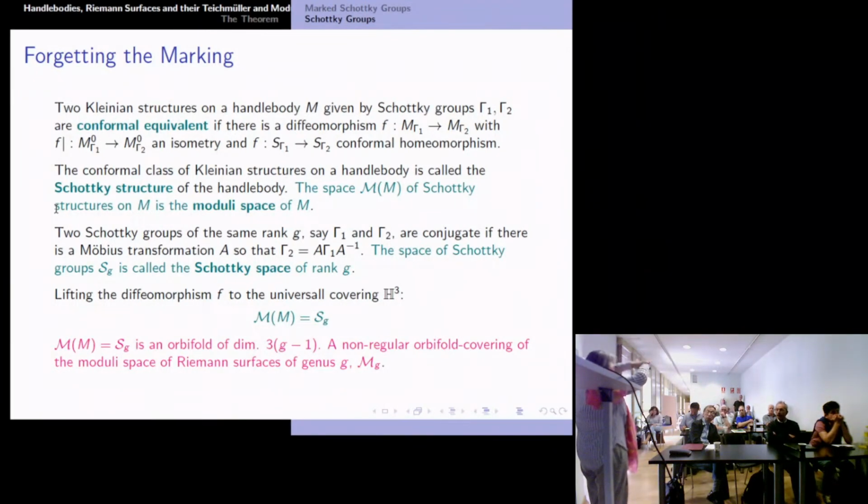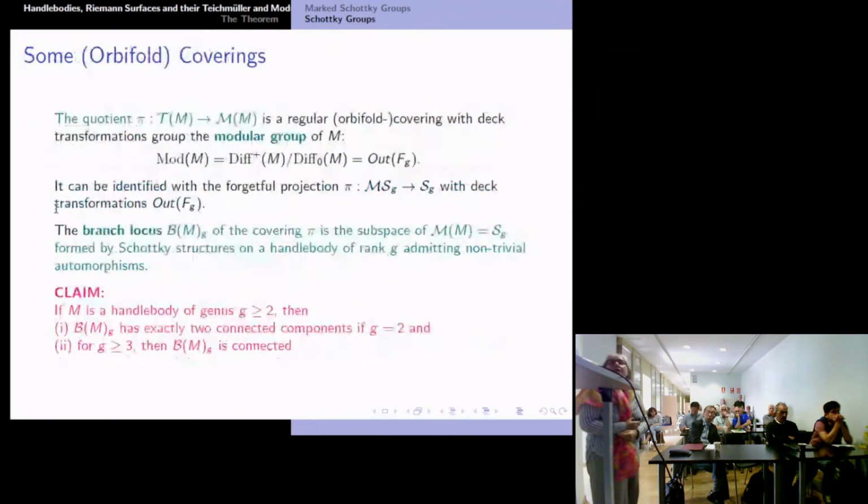The Schottky space is an intermediate covering, which in fact is a non-regular orbifold covering, because this is an orbifold. It's a quotient of something that lives in the Teichmüller space, so it's an orbifold. And well, this is again to say how we go from the Teichmüller space for Schottky groups to the Schottky space.